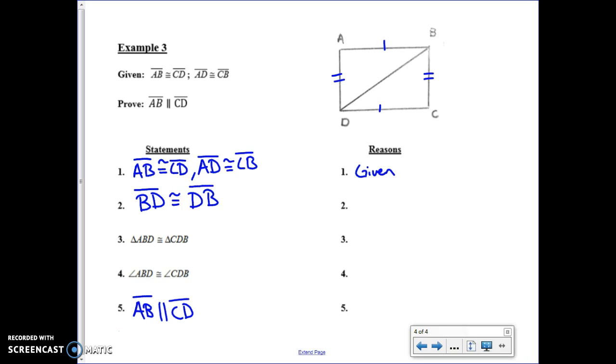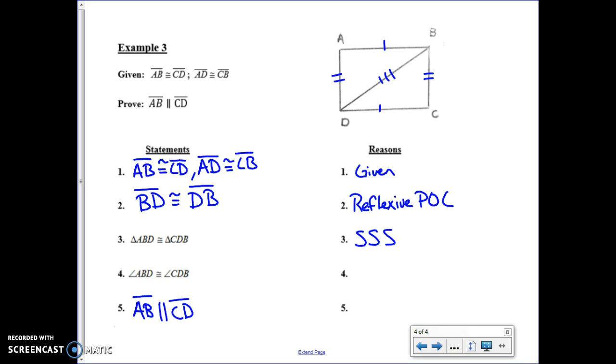So the triangles got flipped around, but still it's the same side that we're marking, so we call it the reflexive property of congruence, since we're using congruency symbols. All right, now line 3 says triangle ABD is congruent to triangle CDB. Why can we say that's true? If you look at the picture, we have 3 sides marked, so our reason would be side, side, side.